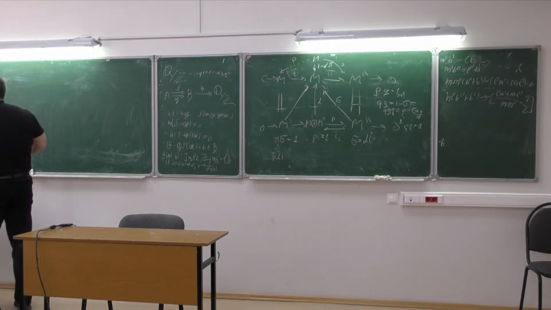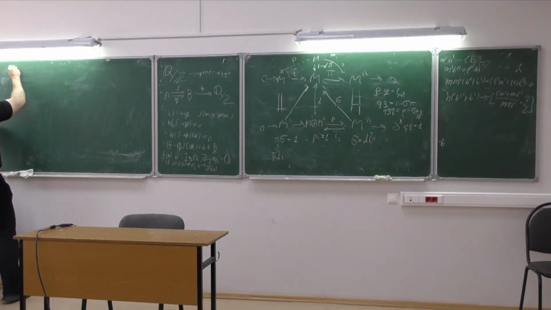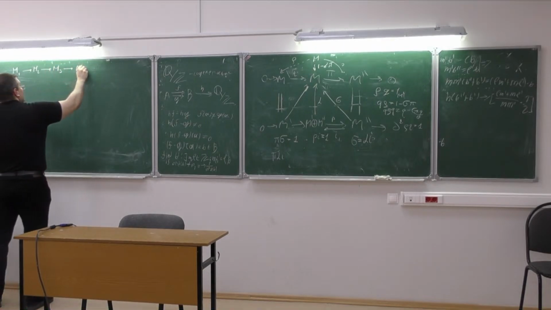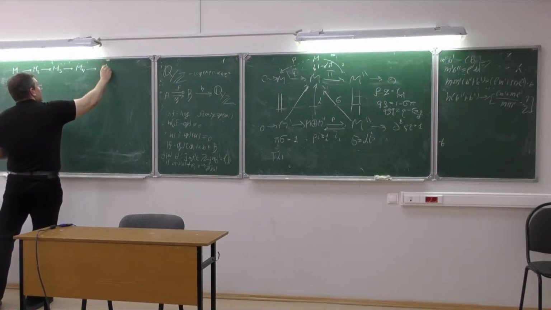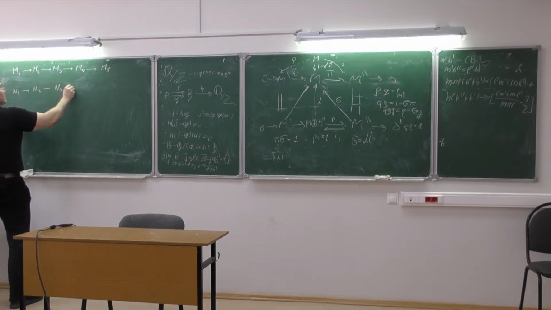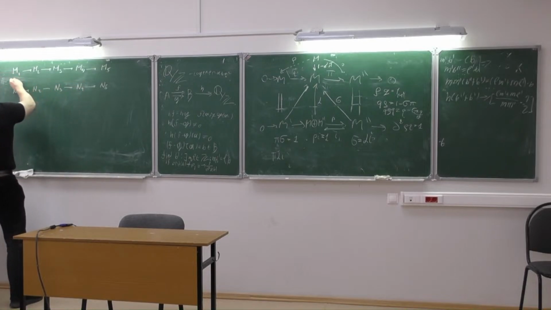So in the 5 lemma we have a diagram with 10 modules and 5 maps. Say M1, M2, M3, M4, M5, and also N1, N2, N3, N4, N5, and there are maps as before.